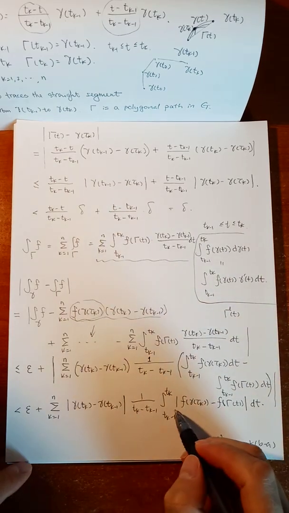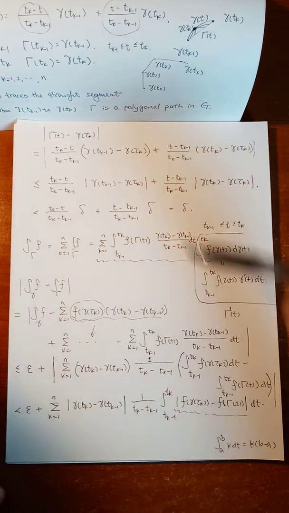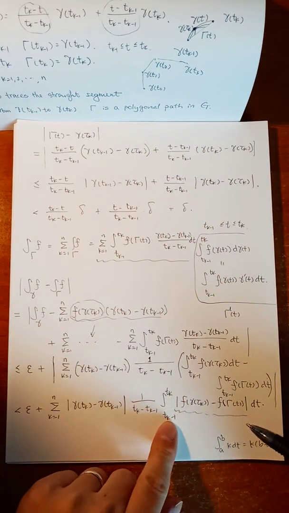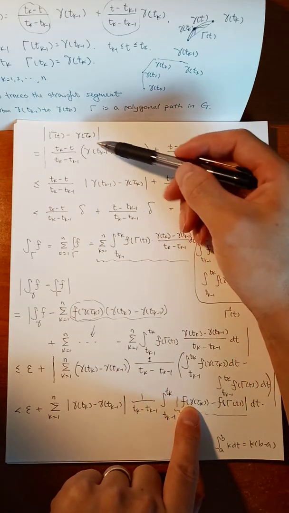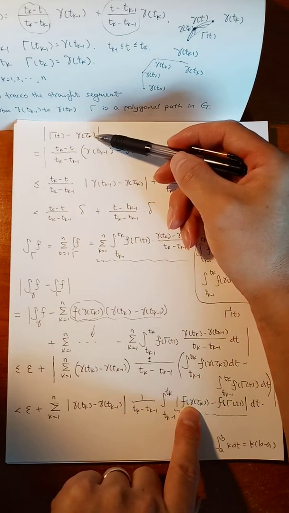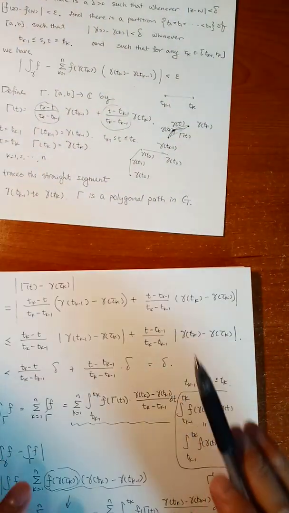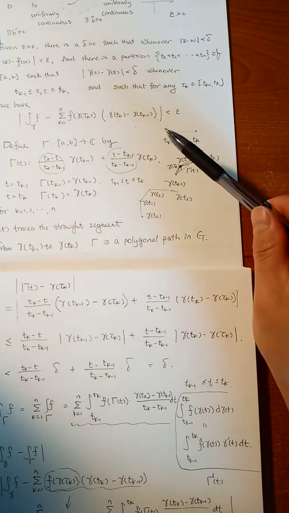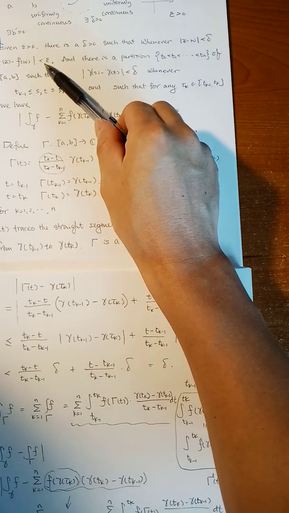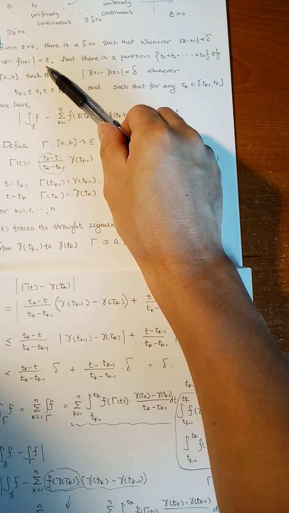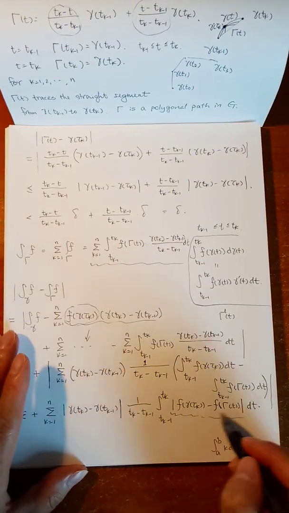This absolute value we just verified here: t is always between t_{k-1} and t_k, so gamma(t) minus gamma(tau_k) is always less than delta. Remember, once the distance is less than delta, then f(z) minus f(w) is less than epsilon. So this term is less than epsilon.